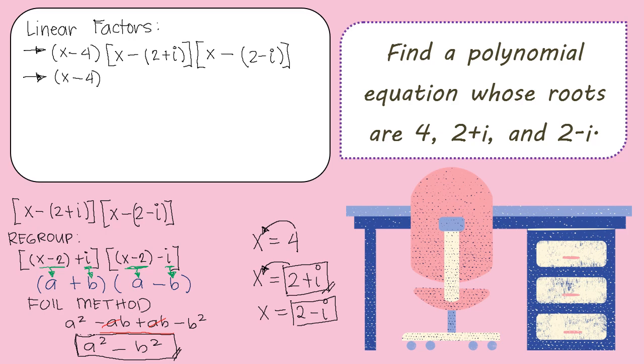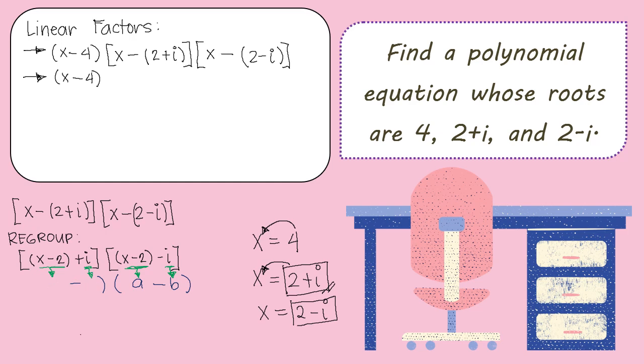That's it. So let's now multiply using the pattern that we recall. So it's a squared minus b squared. So I will now erase this one so that we can now multiply our complex linear factors. I do hope you can still imagine the pattern, a plus b, a minus b.